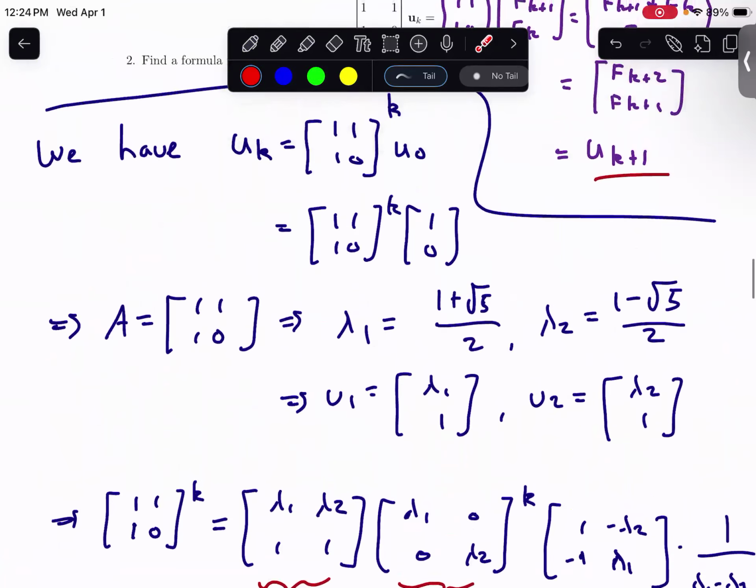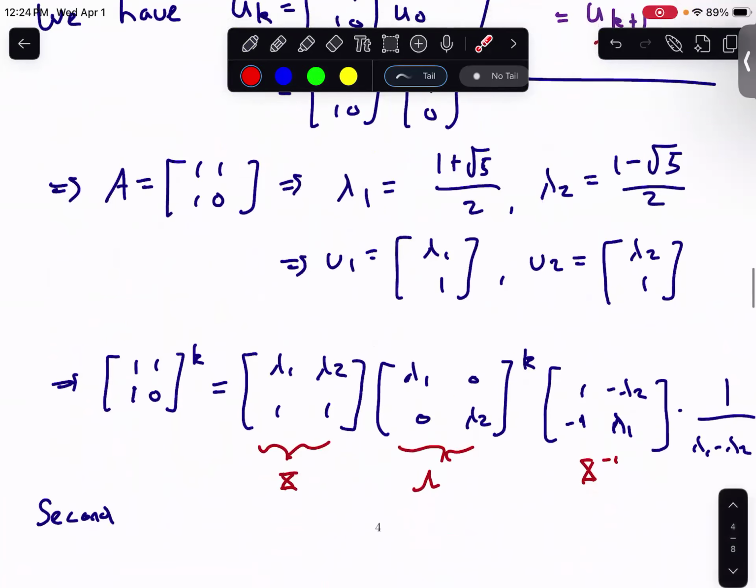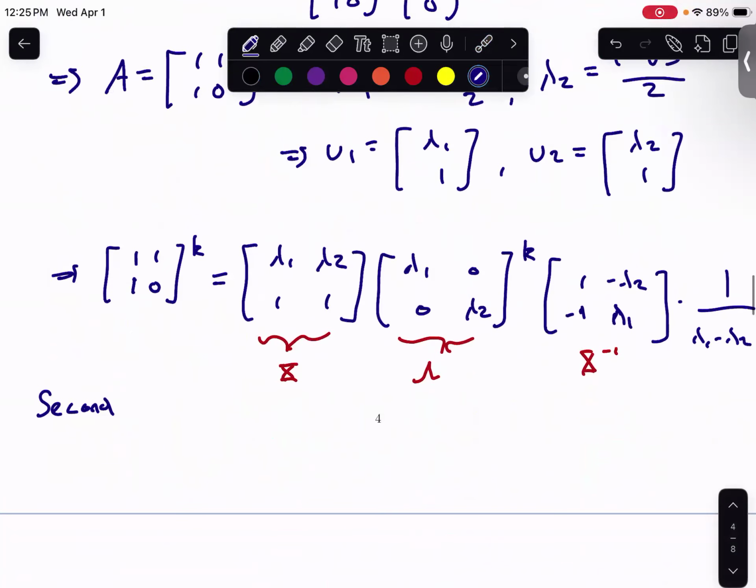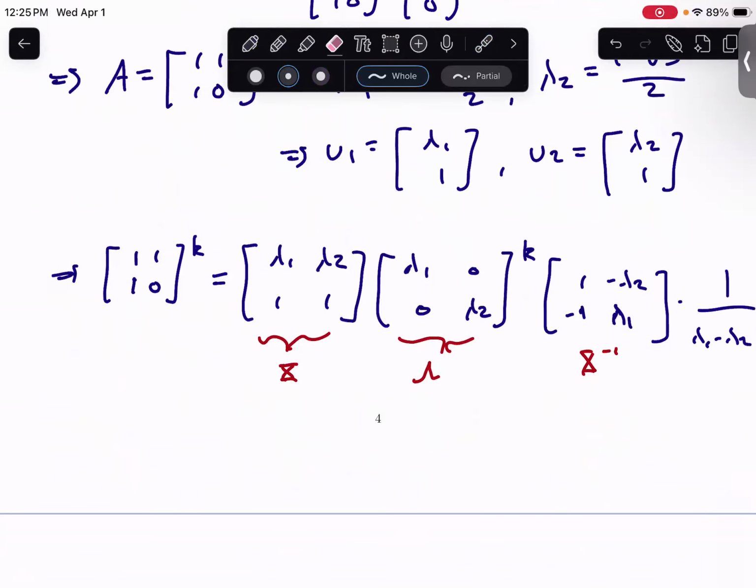And so if you want to find any Fibonacci number, say F_k, the kth Fibonacci number, I didn't want to spend that much time on this, so I'm going to skip through it as quickly as possible.